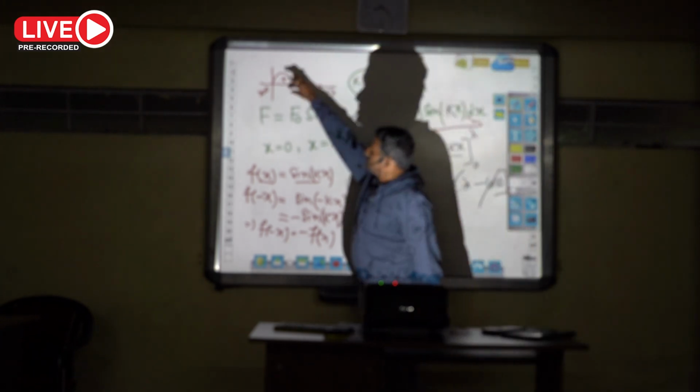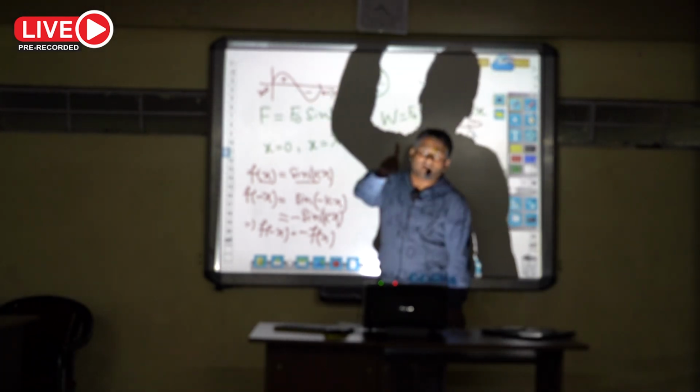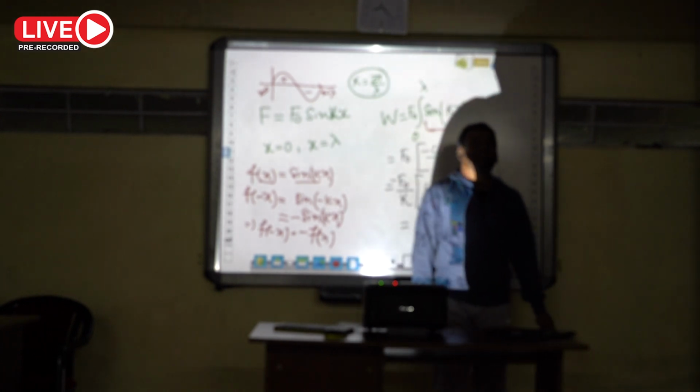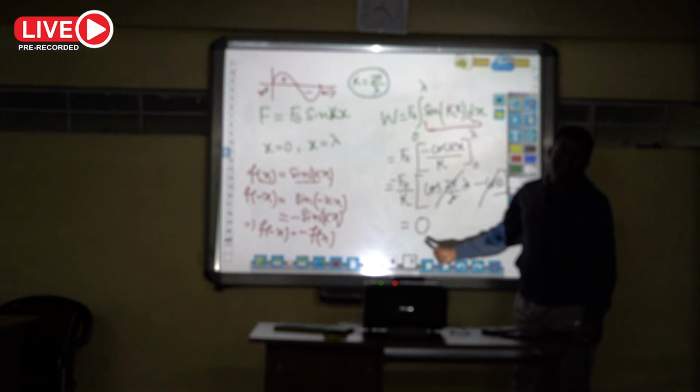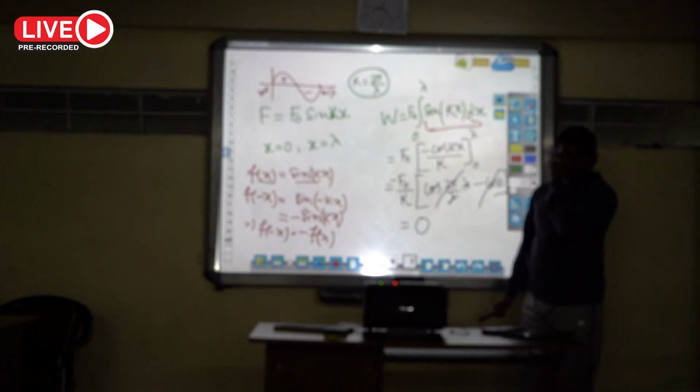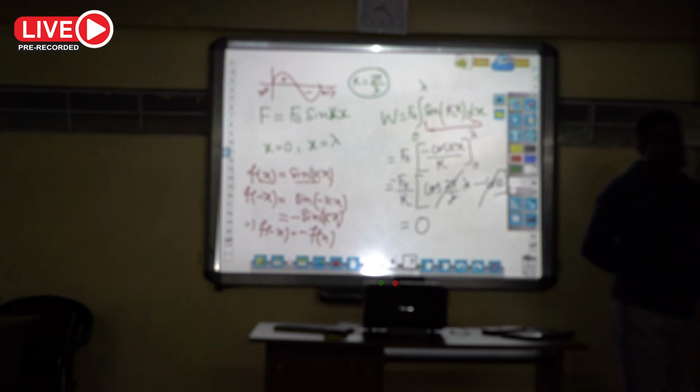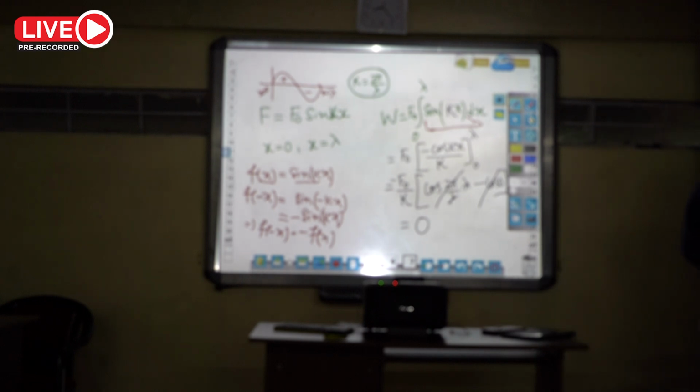So this is the positive area, this is the negative area, but their values are equal. So the sum will be, as a result, 0. So first check whenever there is an odd function and the limit is symmetric, complete period, always the result will be 0. No need to integrate, directly put the value.